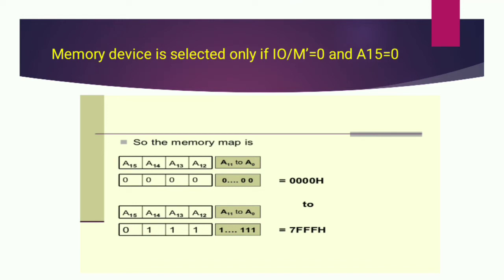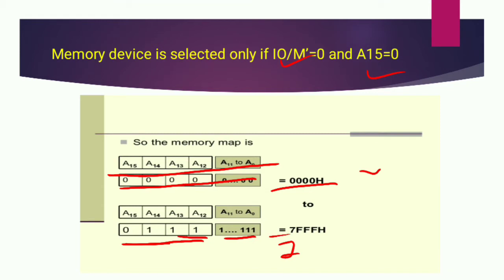The memory device is selected with IO/M bar as 0 and A15 as 0. So the address lines A0 to A15 range starting from 0000H, with A15 as 0, so the upper nibble is 7, and the remaining three nibbles are F, F, F, H.